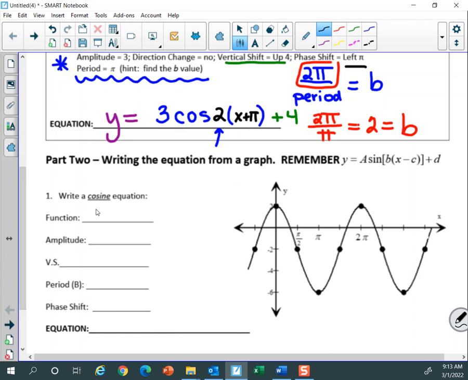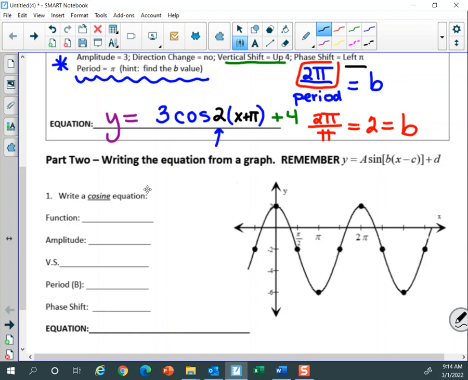But if we organize ourselves, and I have these organized in a certain way, you may think through it in a different order, and that's fine. As long as we find everything we need to write the equation and put them in the correct positions, we're in good shape. So the hardest part of this, other than the period part, is deciding what trig function to use.